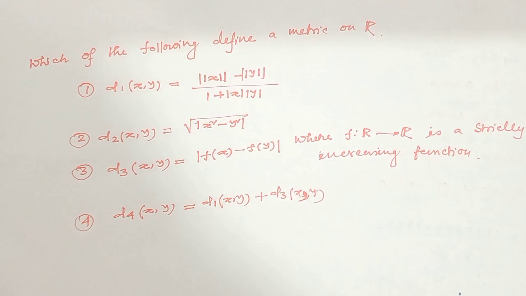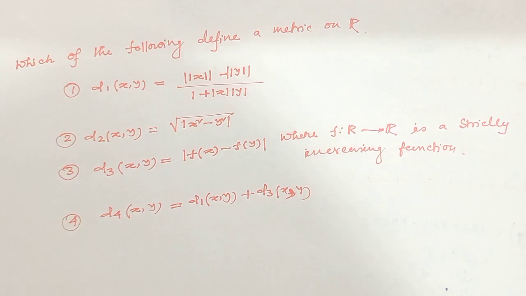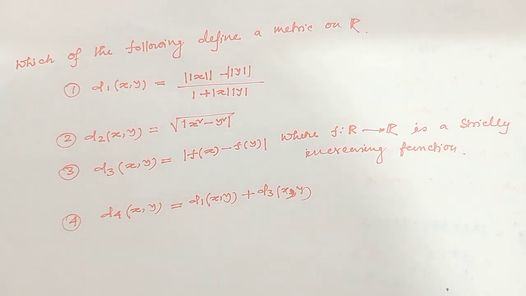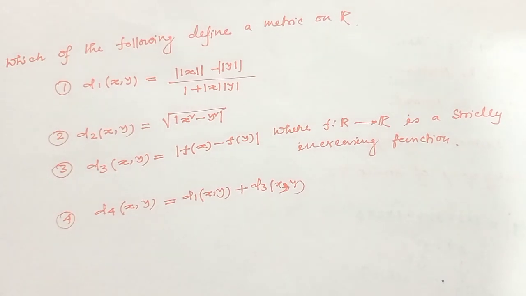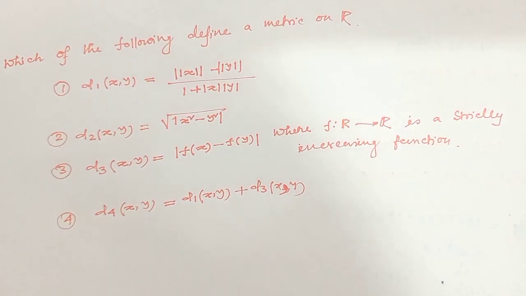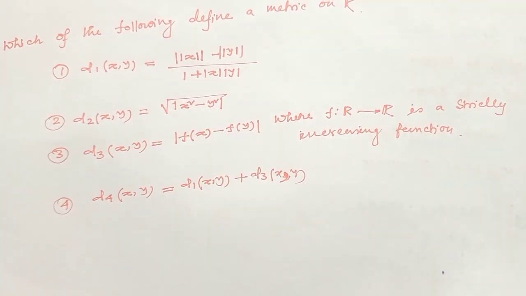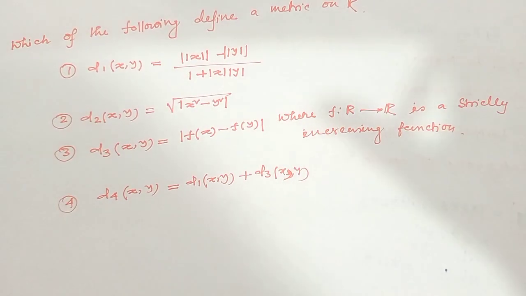Second, d2(x,y) equals square root of |x² minus y²|. Third, d3(x,y) equals |f(x) minus f(y)|, where f is a function from R to R which is strictly increasing. And fourth, d4(x,y) equals d1(x,y) plus d3(x,y).